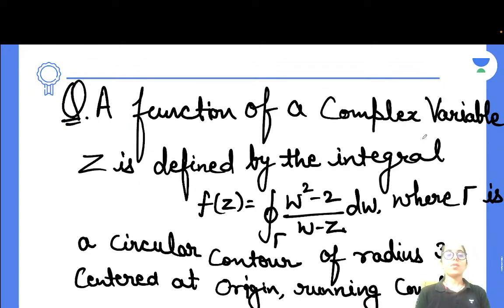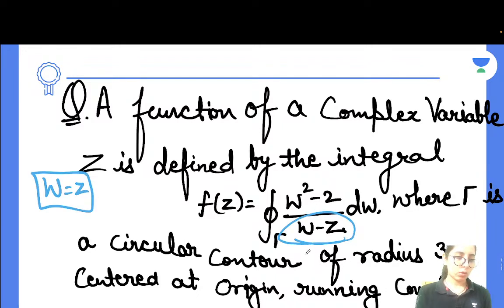Okay guys, this is the function of z they have shown you, where z is just one term present there. But the integration is over w, so our main focus will be on w. If I consider w equal to z from the denominator, after equating the denominator with 0, that is the pole, and it is an order 1 pole.